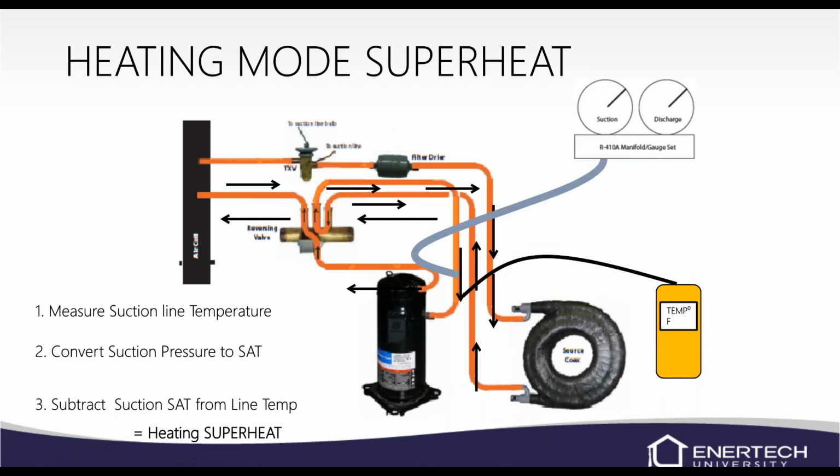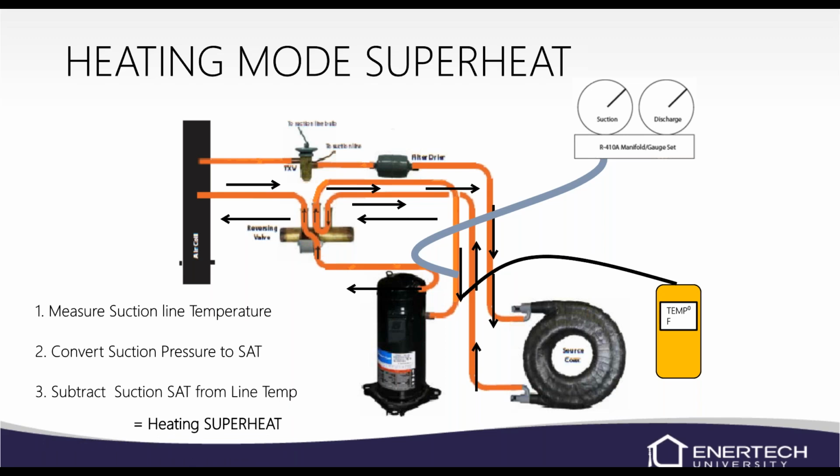Now you're going to check your suction pressure, and you're going to convert that to temperature. You can do that with the refrigerant gauge that's on your manifold, or you can look at your pressure temperature chart, and then we just do the math. Subtract our suction line saturation temperature from the actual line temperature, and that gives us our superheat.